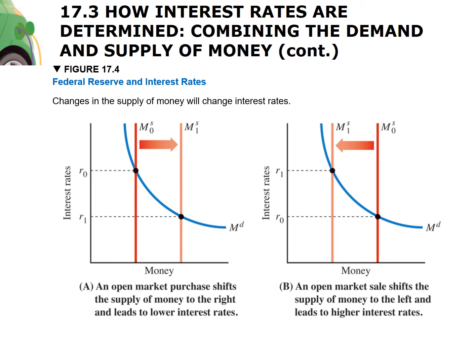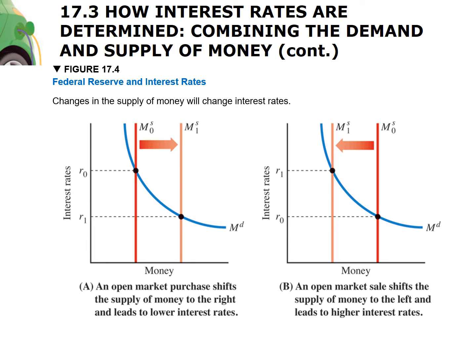So the nominal interest rate goes down from R0 to R1. In an open market purchase, when the Fed purchases treasury bonds and treasury bills, commercial banks receive cash in return, and thus the money supply increases in the banking system and in the economy.